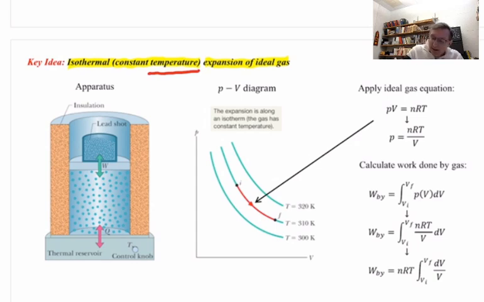And allowing the piston to move up or down means work can be done. And with the hot plate thermal reservoir at the bottom, energy transfer as heat, Q, can go in or out at our control. Okay? All right. And here's what we want to do. We want to do a specific experiment here.